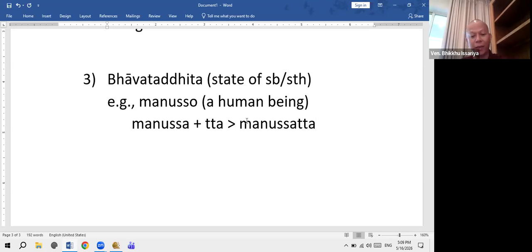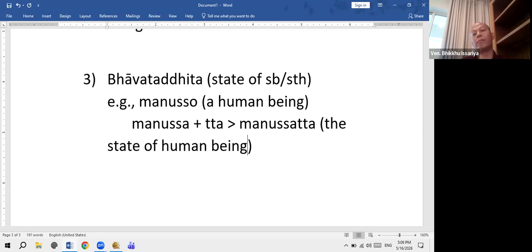So Manosata means the state of human being.